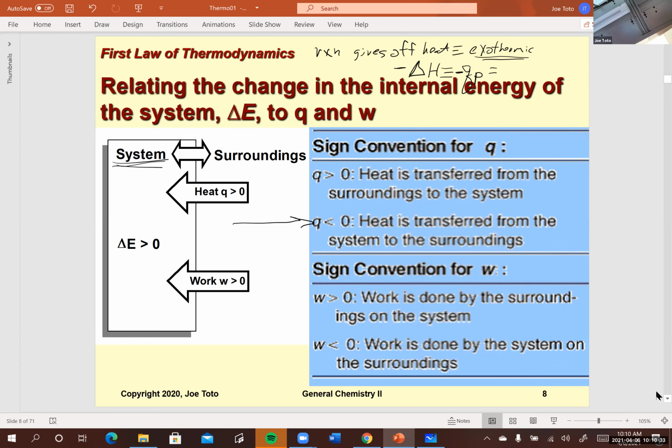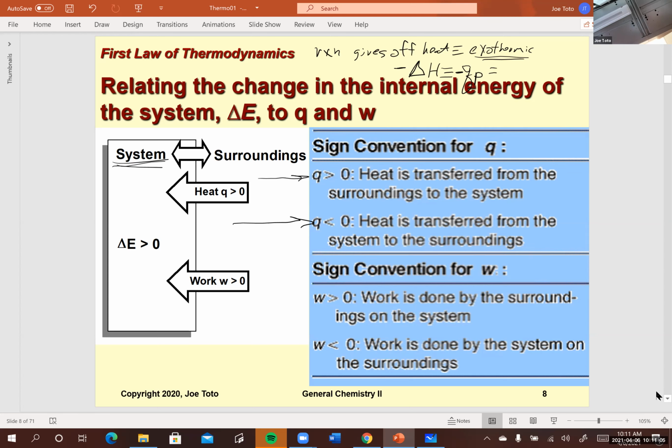And whatever the surroundings is, usually for a chemical reaction, that would be water, the temperature of the water increases. So we see that heat given off as a rise in temperature, and we call that exothermic. So Q is negative. When Q is positive, heat is absorbed into the system, and delta H is plus.